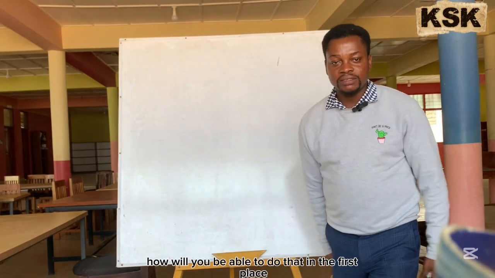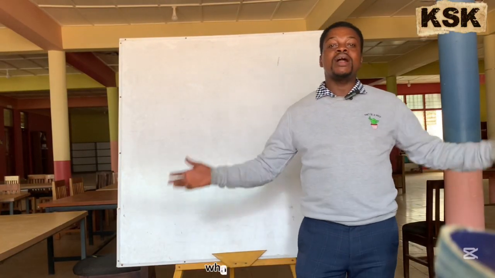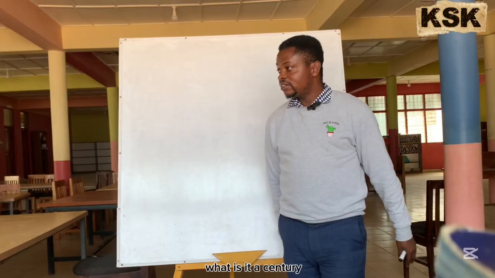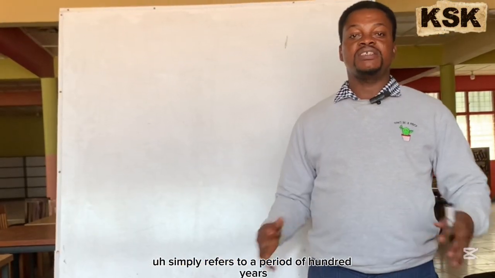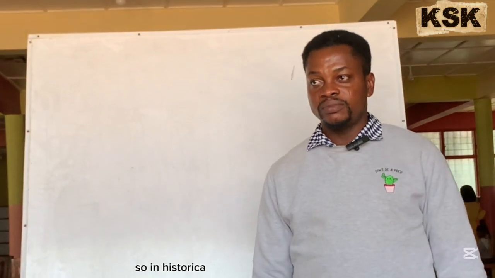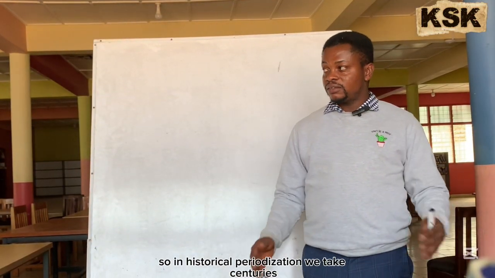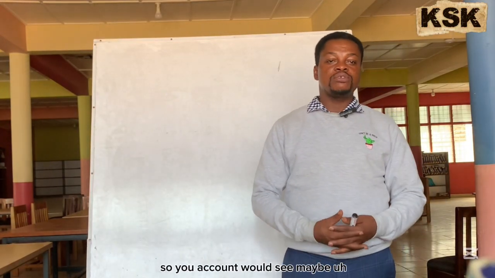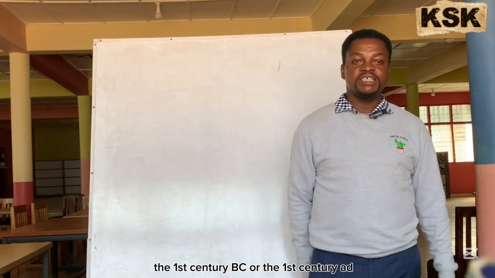In the first place, when you say a century, in historical calculations or periodization, what is it? A century simply refers to a period of 100 years. So in historical periodization, we take centuries. You would see maybe the first century BC or the first century AD.